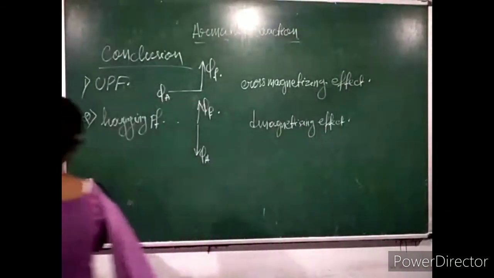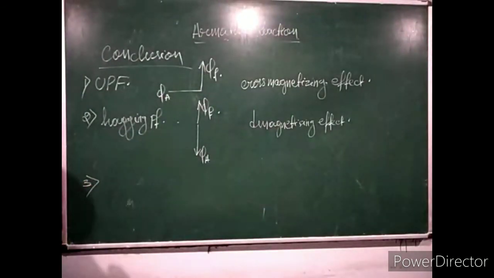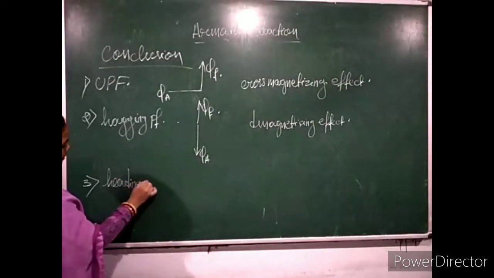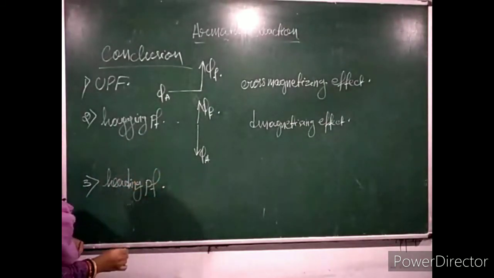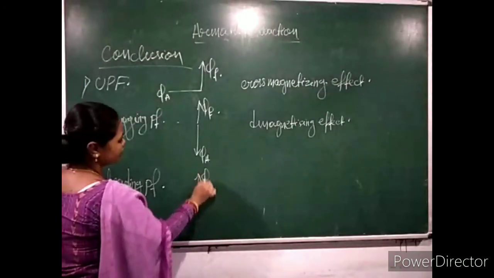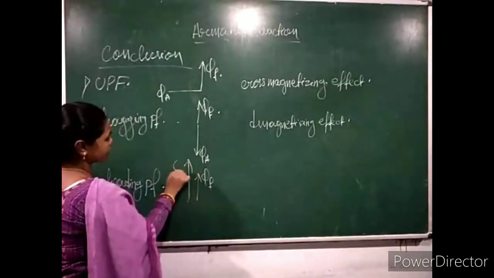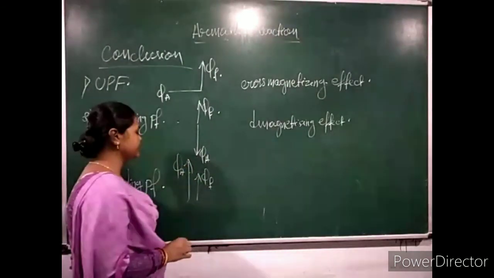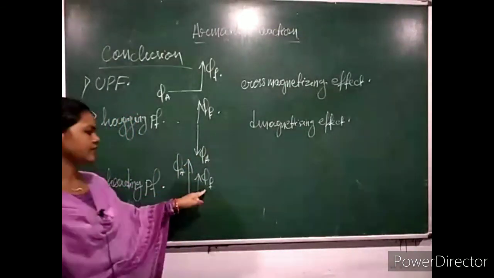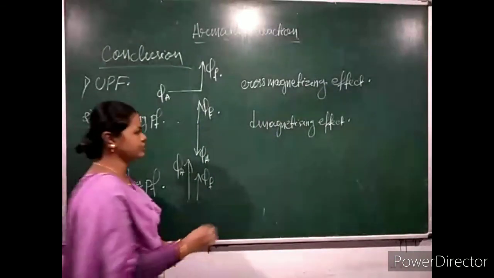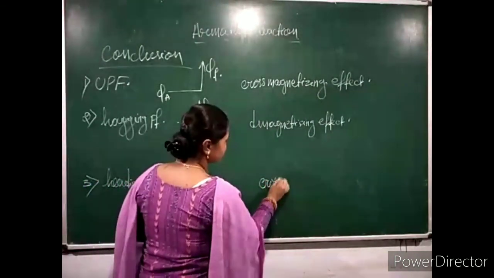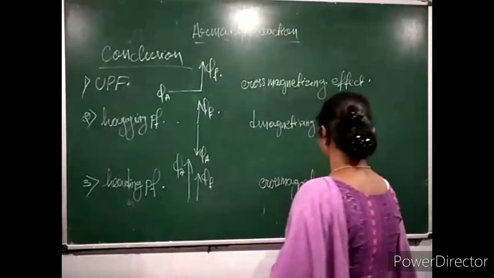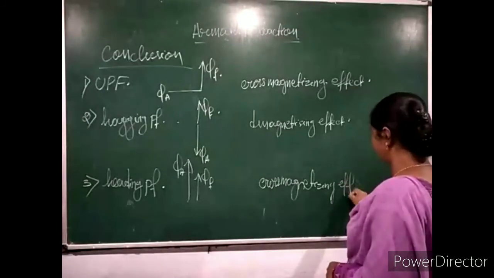And third, if the load is purely capacitive, that is leading power factor, here the field flux and armature flux are in the same direction. It means the armature flux assists field flux, and this type of effect is called magnetizing effect.